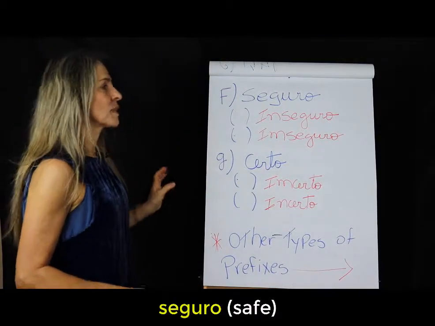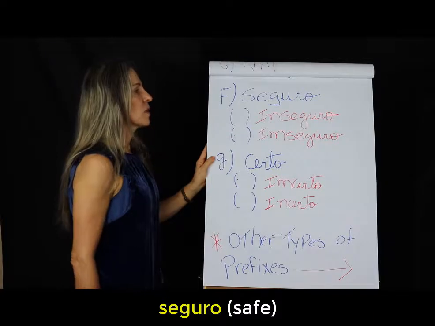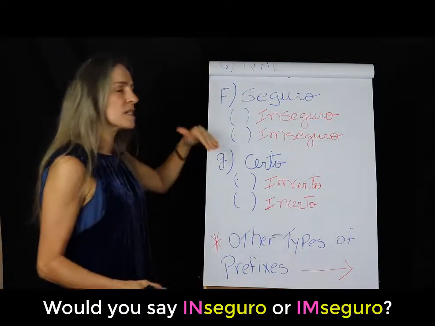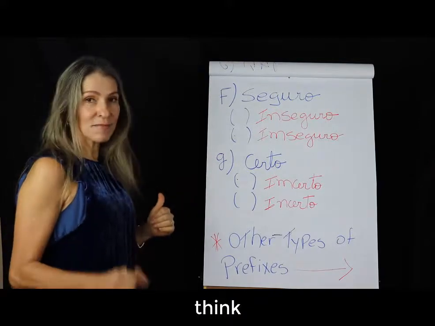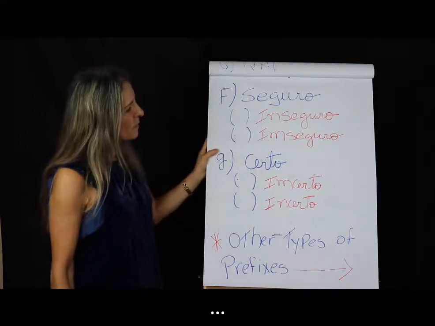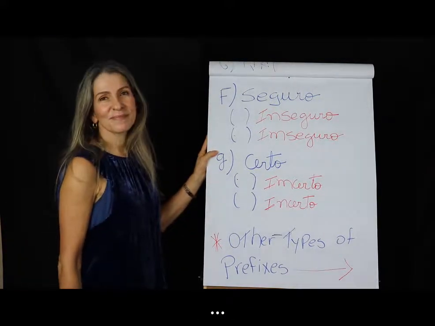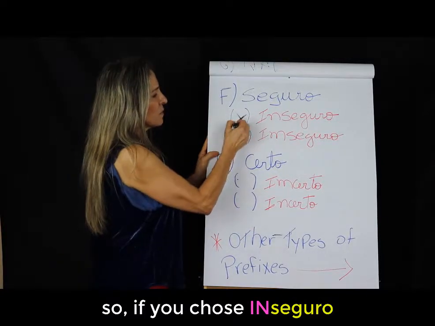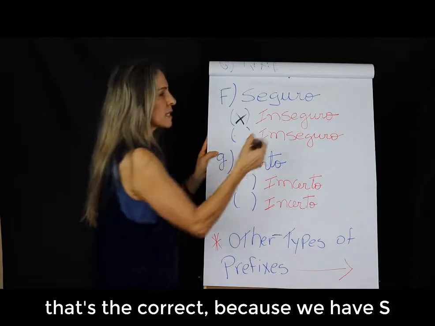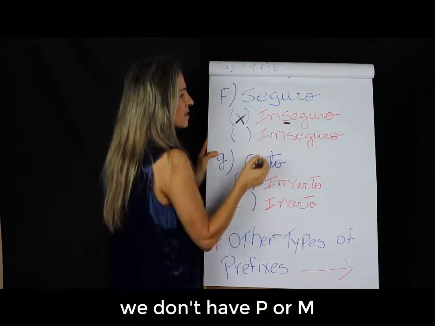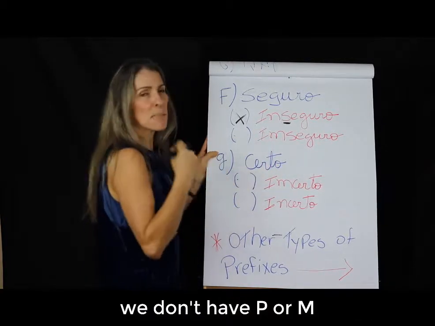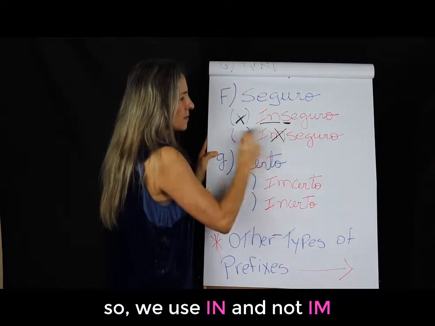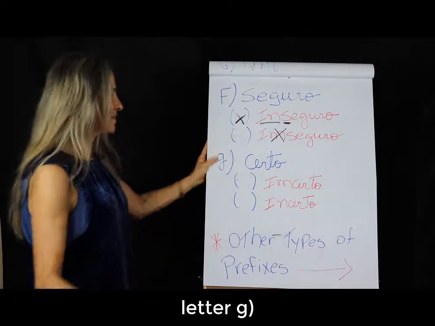Letter F. Seguro. Would you say safe? Would you say inseguro or imseguro? Think. So, if you chose inseguro, that's the correct one because we have S, okay? And we don't have P or B, so we use in, not im. Okay? Good.